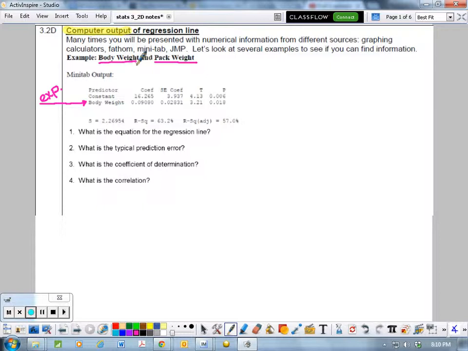Across from our x is the slope of the line. So this is my slope, also known as our b1. And right above it is our constant, so it's kind of like our beginning value. This is our y-intercept.